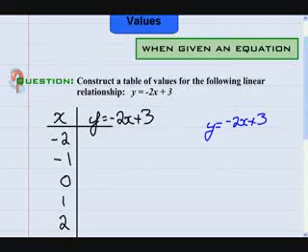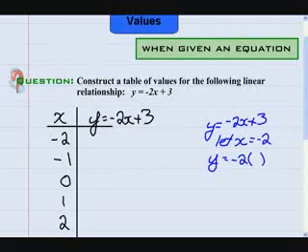If I want to figure out the corresponding y value for when x is -2, all I do is let x equal -2 in the algebraic equation. All that I'm doing here is using substitution, replacing the x with what x is.